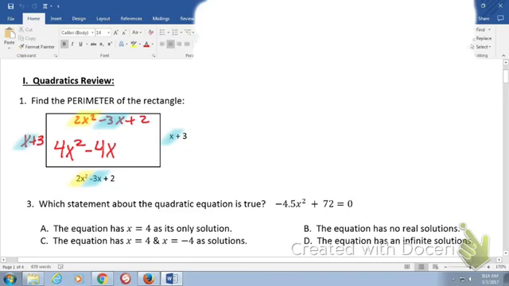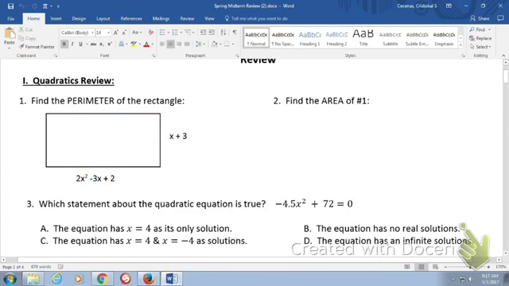So we can get that plus that, and we're going to get 4 and 6 make plus 10. So this right here is a perimeter. For number one, this should be the answer. Okay, let's go to number two.